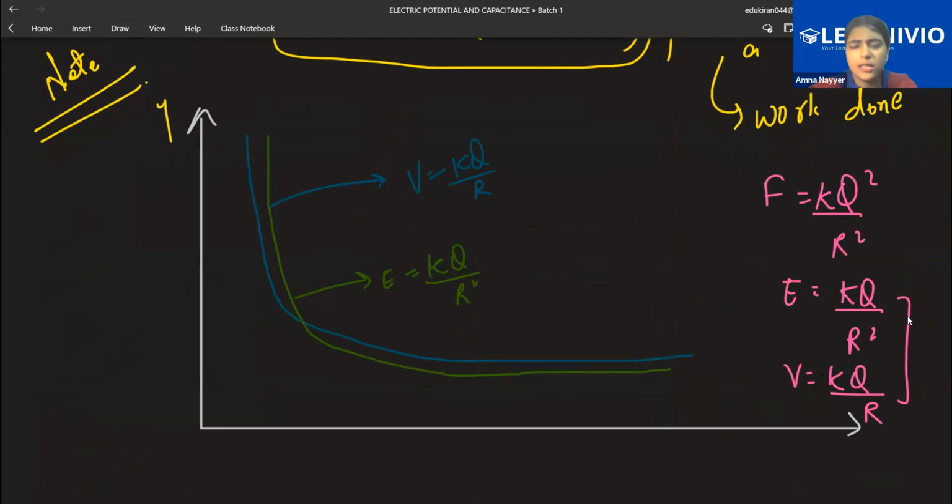Because both formulas are almost the same, there's just a difference of one R in the denominator. So the graph of electric field will be a little steeper because it has a stronger power of R. That's it. Okay, write it down.